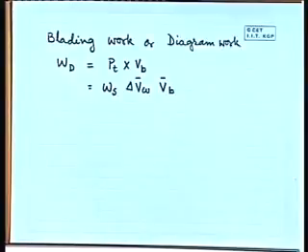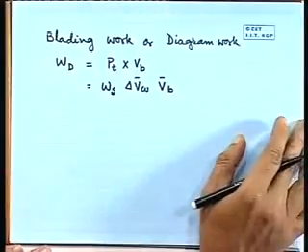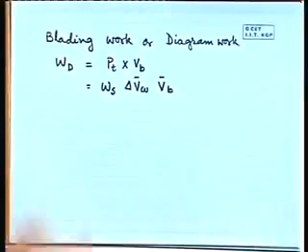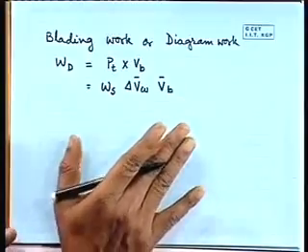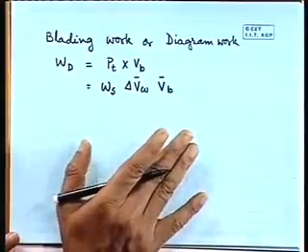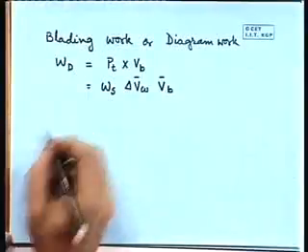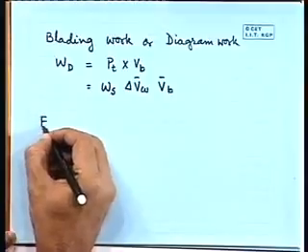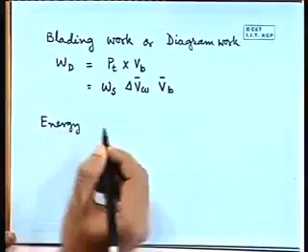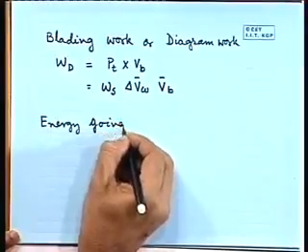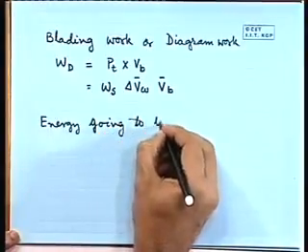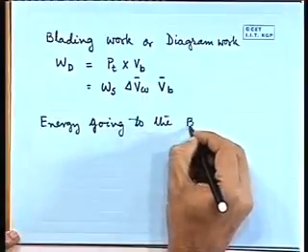Then what is the energy being supplied to the turbine? The energy that is being supplied, if we do not consider the nozzle but consider only the blade, is the energy going to the blade passage.